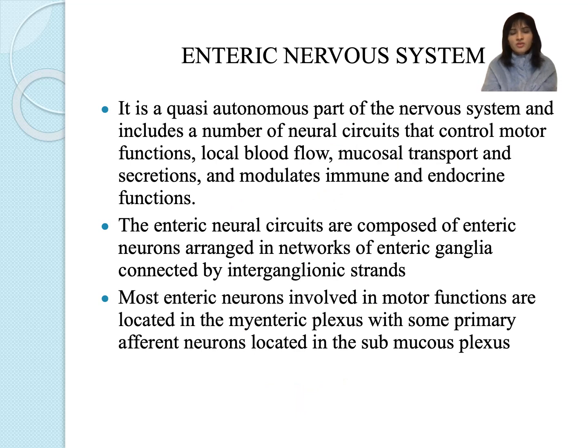And also there's a similar effect here with the connection. Most enteric neurons involved in motor functions are located in the myenteric plexus, with some primary effector neurons located in the submucous plexus.